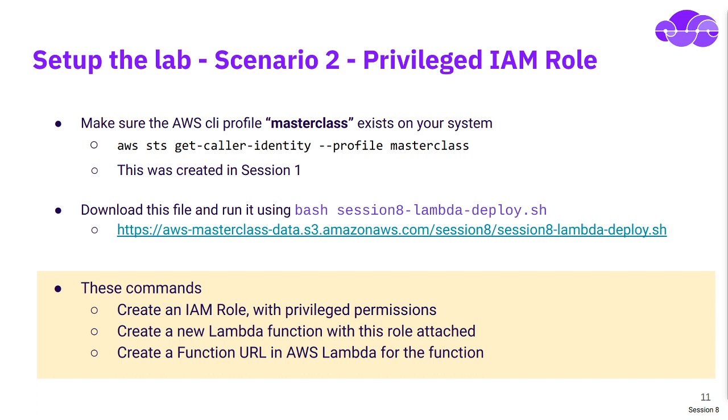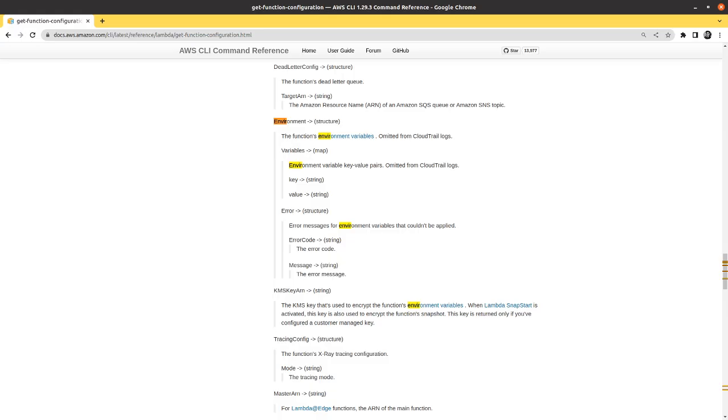So the documentation for get function configuration says that we should be seeing the variables in the output.